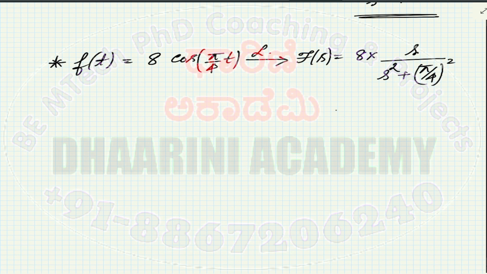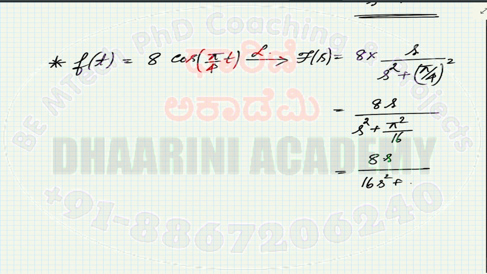Okay, so let's simplify this bit. So this is 8s divided by s square plus pi square by 4 square, so that is 16. Now I can take a common denominator here, that is 8s divided by 16s square plus pi square, whole divided by 16.